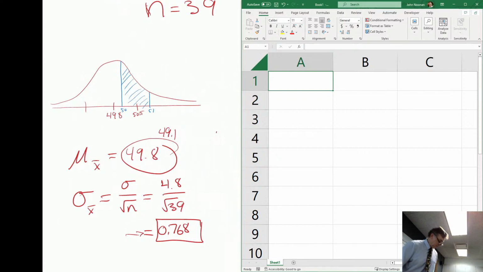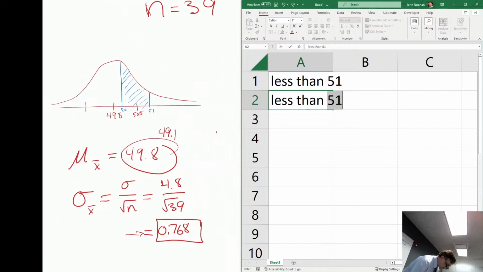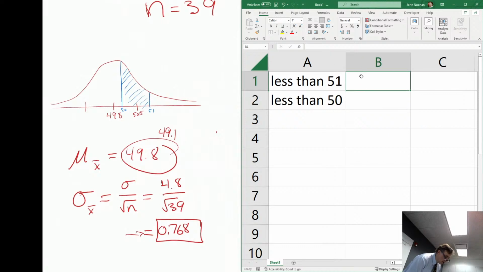And so what we'll do is, first of all, less than. You don't have to type all this in. I just want to make sure that you understand what I'm doing. Less than 50. Because of this problem with Excel, we have to always think in terms of areas to the left.